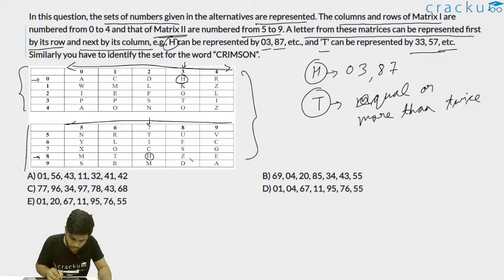So we have to identify the set for the word crimson. Out of all the 5 options that are there, we have to identify the set for the word crimson.